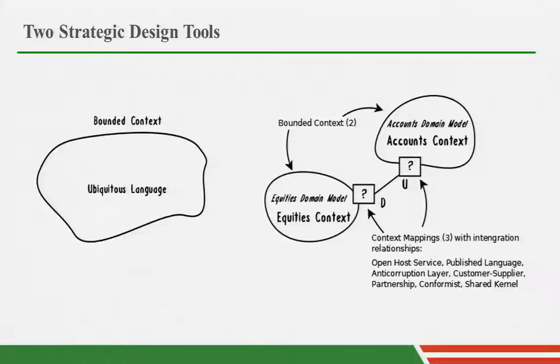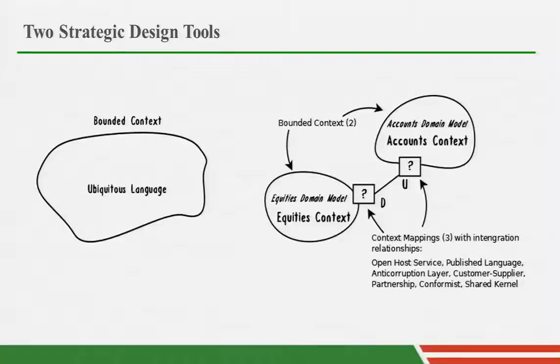Well, you see the question marks there. Those are the patterns, sometimes organizational patterns, sometimes software patterns, that exist between these two contexts, and one is upstream and one is downstream of the other. That's the U and the D there. And how does that upstream influence have an effect on the downstream model, and how do you deal with those concerns?